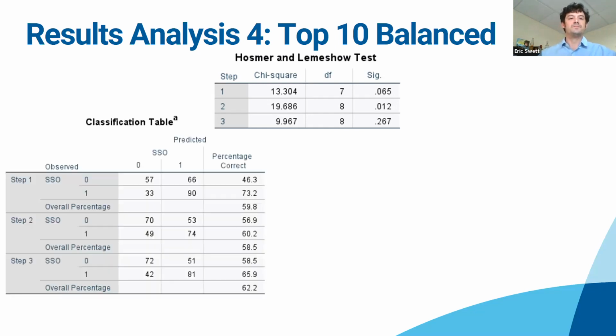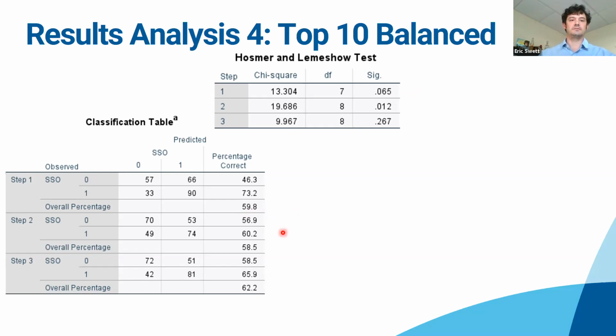Each of the models has its own accuracy percentage. Model 1 was 59.8% accurate. Maybe a little easier to read here. And again, that model was statistically significant, less than 0.1 at 0.065.